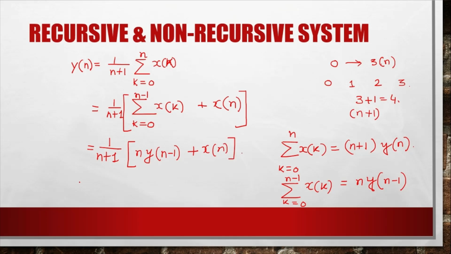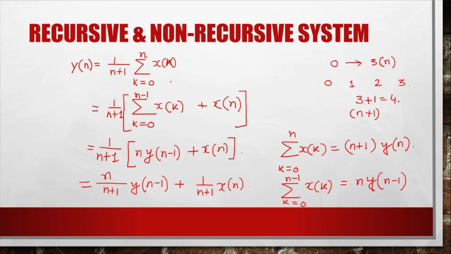So if I write this expression as n by n plus 1 into y of n minus 1 plus 1 by n plus 1 into x(n), the expression was originally written such that the system is dependent only on the present input and the previous inputs.